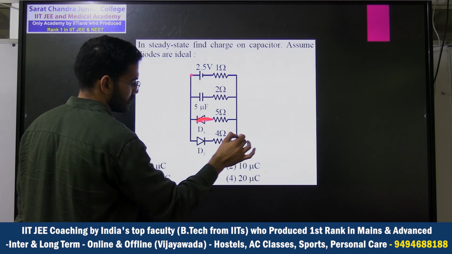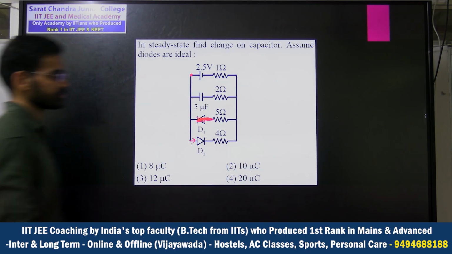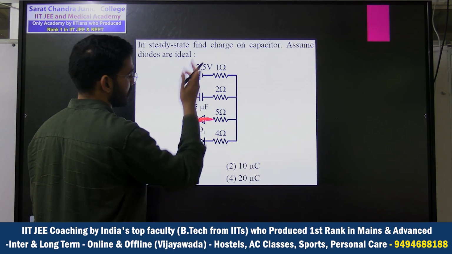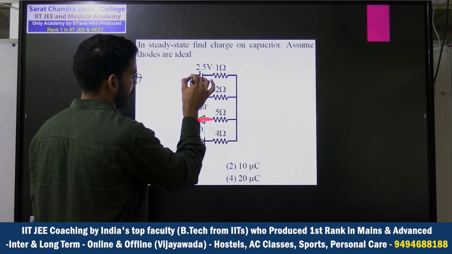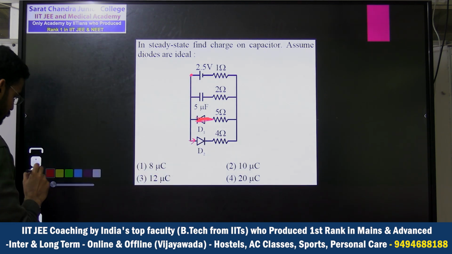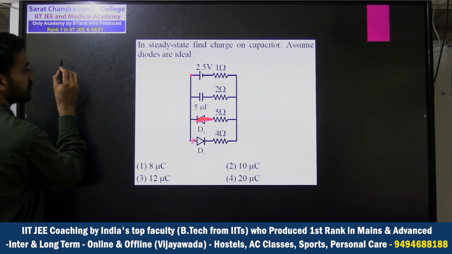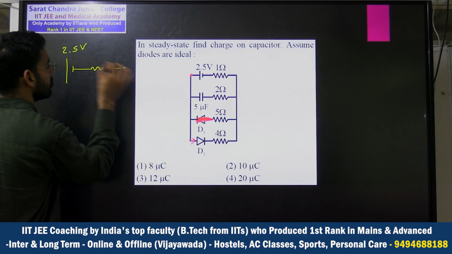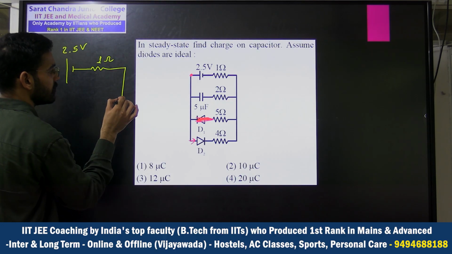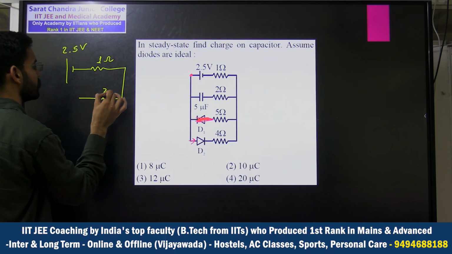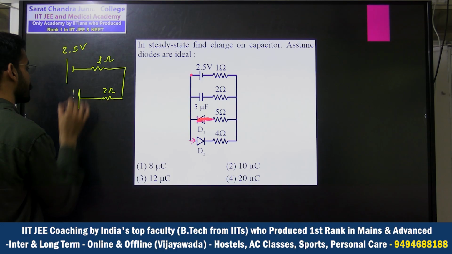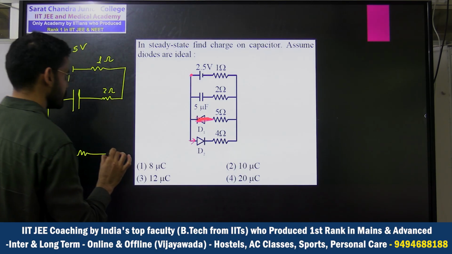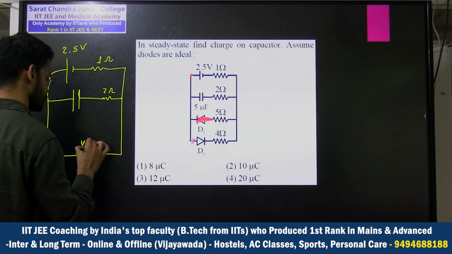And the current will flow through this one only, because this will be in forward bias. Now forward bias has no resistance because the diode is ideal. So the circuit we have to discuss is: 2.5 volt battery, 1 ohm resistance, then 2 ohm resistance, then the capacitor, then the diode will not do anything, and here 4 ohm resistance.